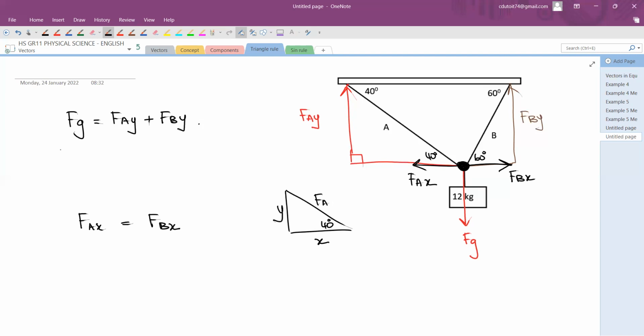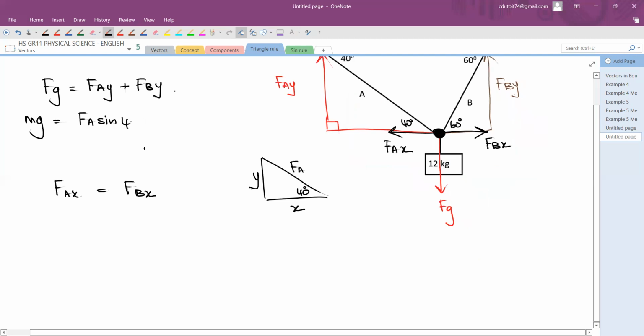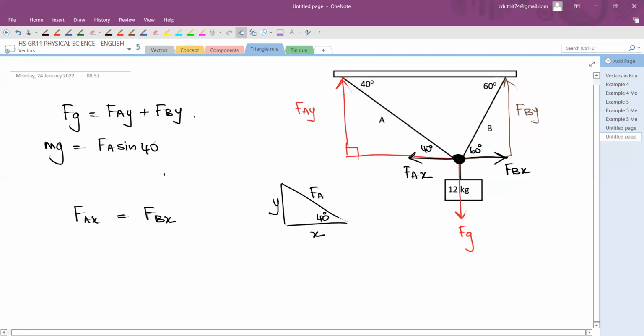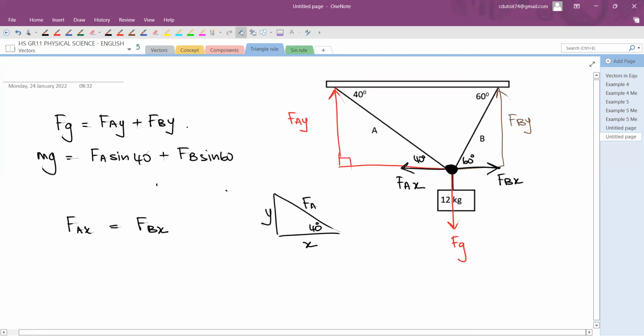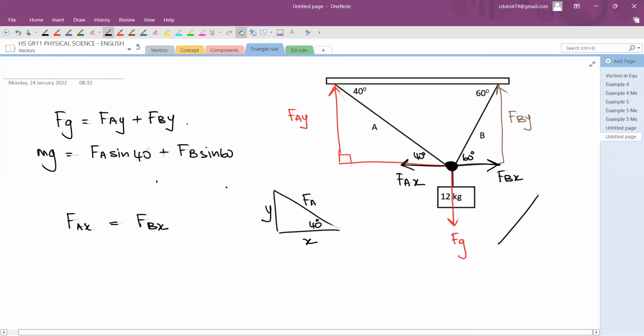So Fg is mg, and the A component Y is sin. So that is the force of A, sin 40. The force A exerts, sin 40, plus the force B exerts, sin 60. This is this triangle here: 60, Y of B, X of B, and the force B.